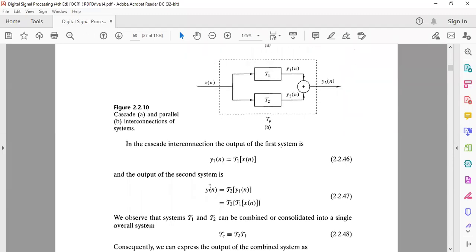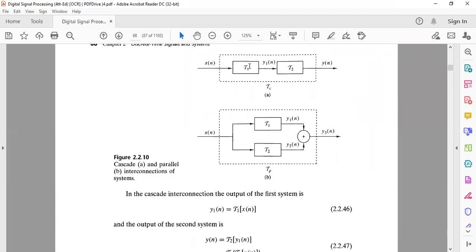In the cascade interconnection, the output of the first system is T1 of x(n), meaning that y1 will be T1 of x(n).